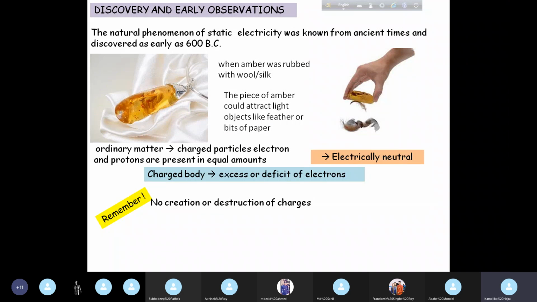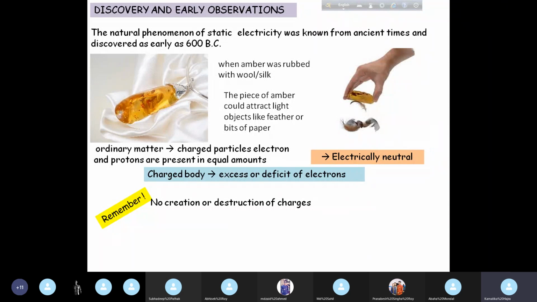But when the air is dry, when our skin is dry, when we are not sweating, for example in winter, if you sit on a plastic chair and put your hands on the handle of the chair, you'll see that after some time the hair on your skin gets attracted towards the chair handle.